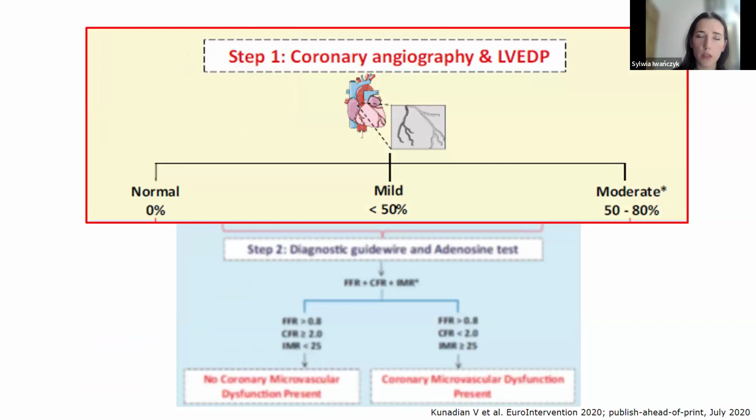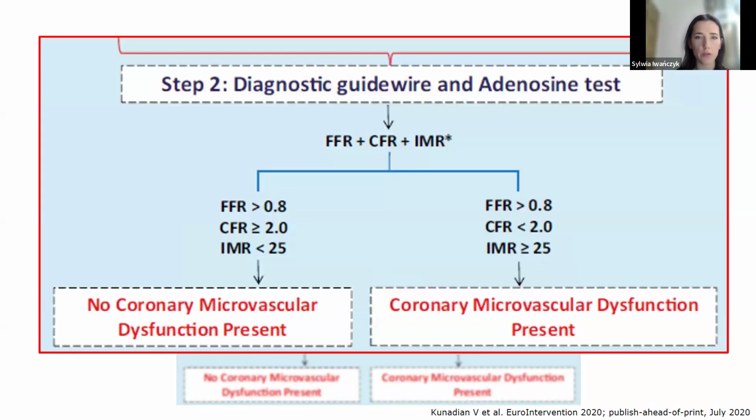So patients with a high probability of coronary artery disease undergo coronary angiography, and patients in whom normal or mild coronary artery stenosis is visualized should be evaluated with a functional test of the coronary arteries. And the first functional test which should be used is the adenosine test.